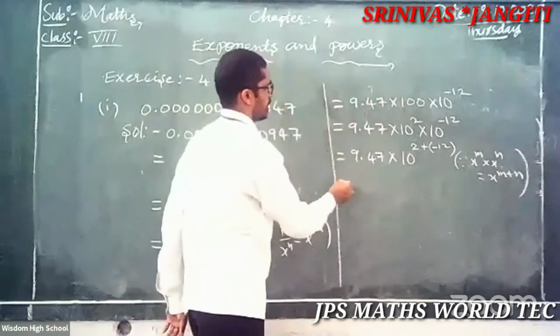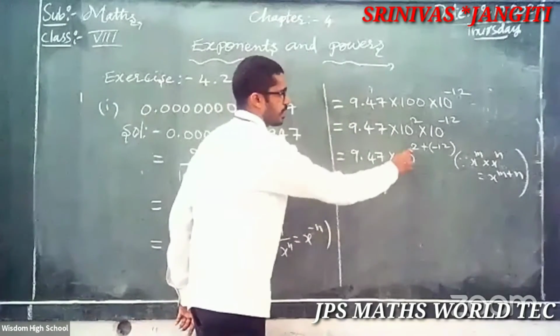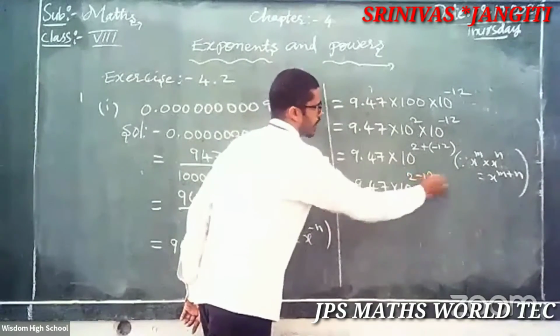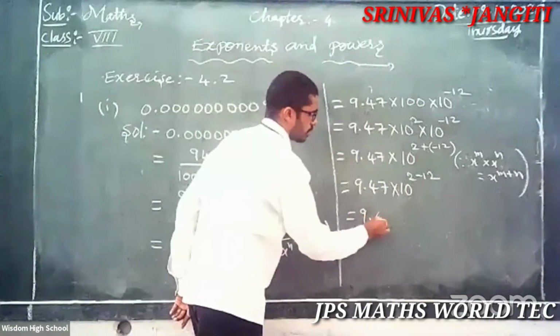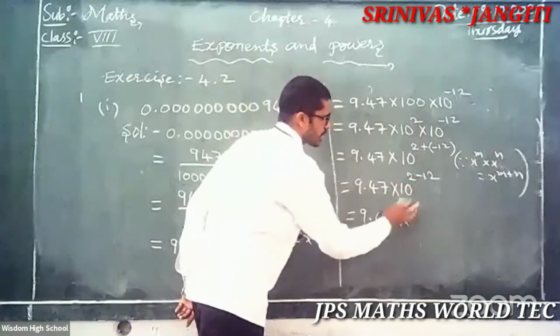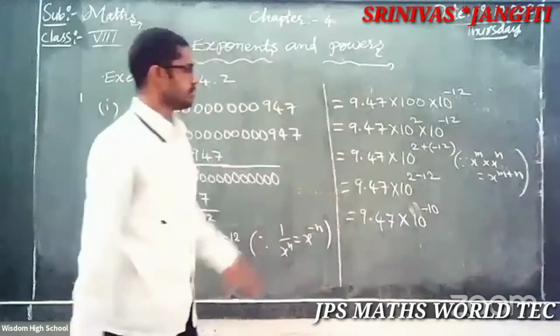Then that is equal to 9.47 into 10 to the power of 2 minus 12, that is equal to 9.47 into 10 to the power of minus 10.